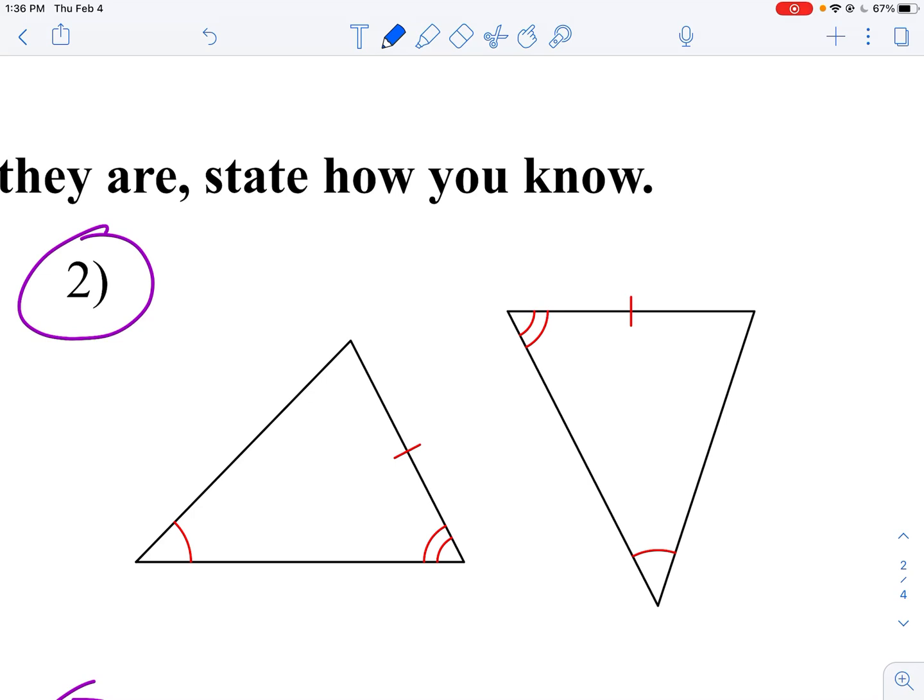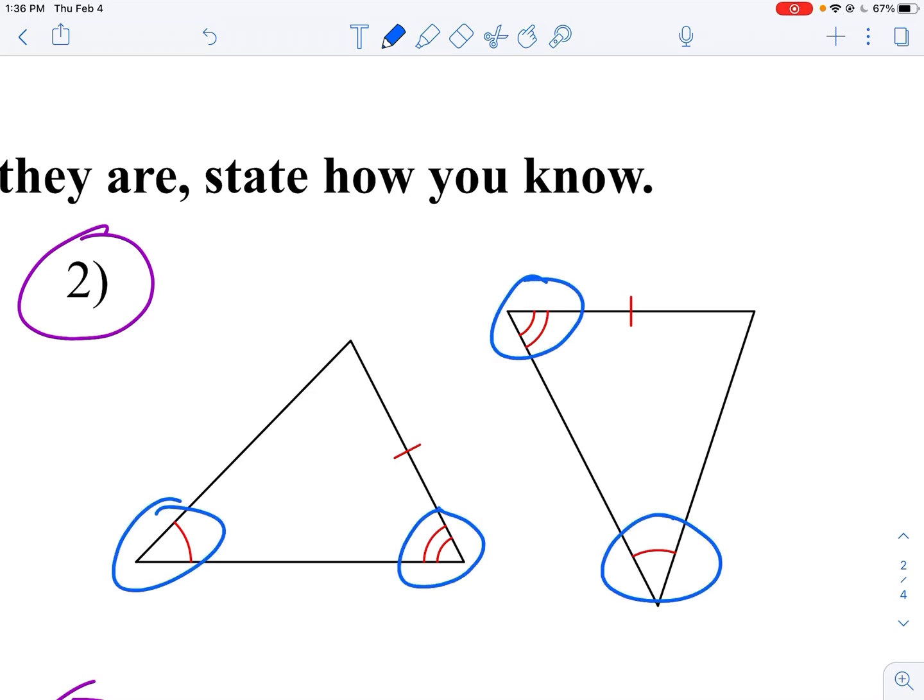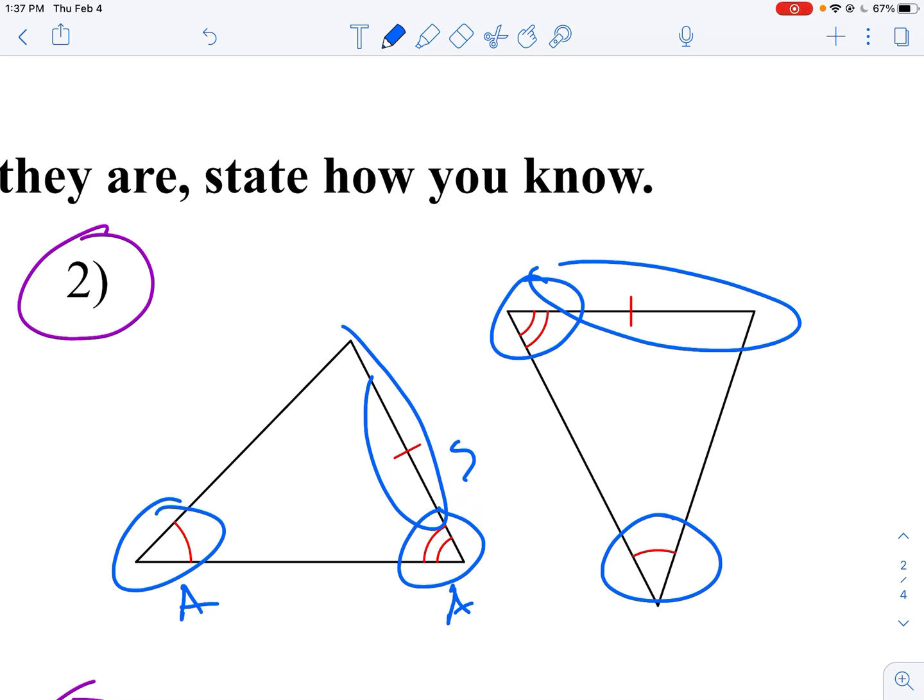So look at these 2 triangles here. I see I got congruent angles here, congruent angles here, and then I got congruent sides. Well, it looks like I have an angle, and a side, an angle, and a side. And I want to mention that the side is not between the 2 angles. Instead, it's after them.